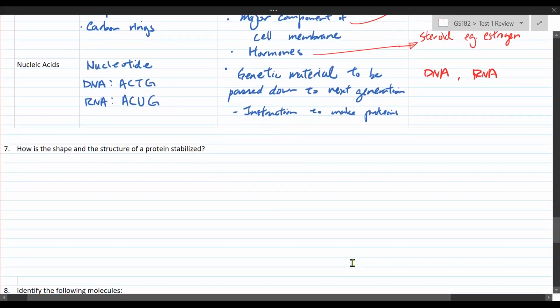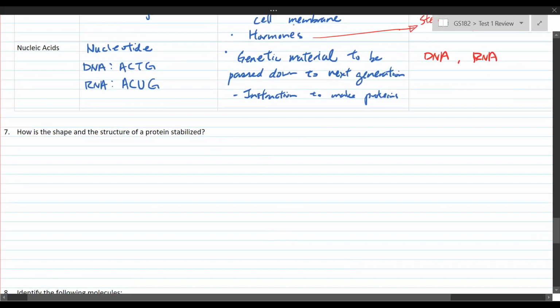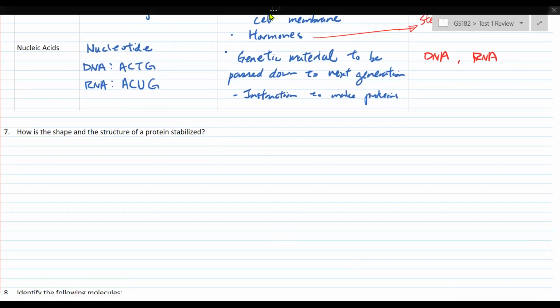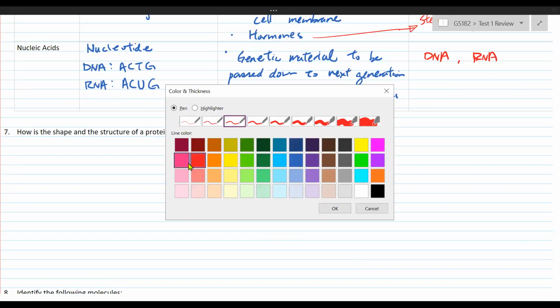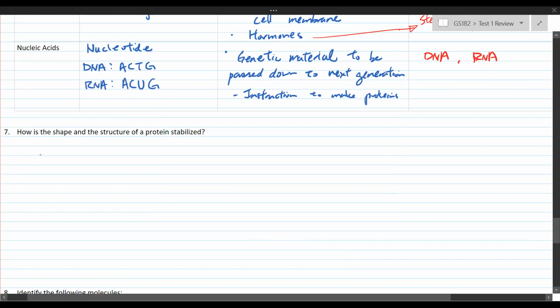How is the shape and structure of a protein stabilized? So there are 4 levels. Let me just briefly summarize it for you. For the primary level, primary is basically the sequence of amino acids.